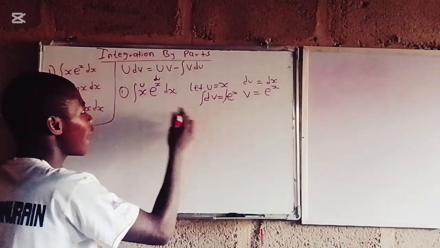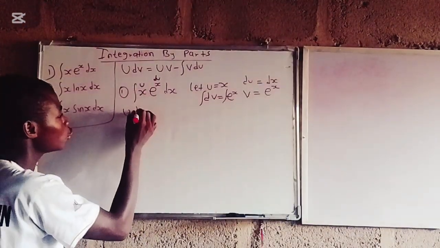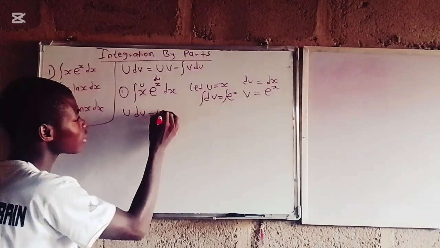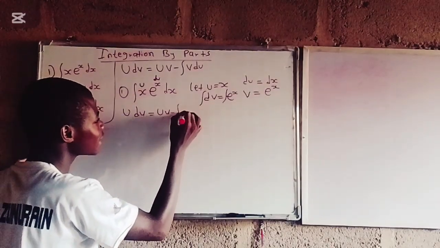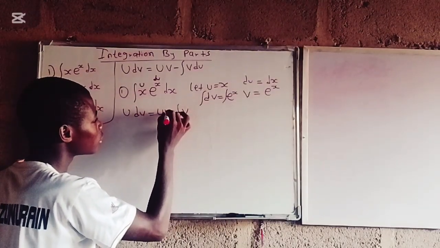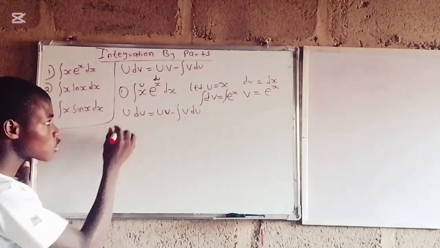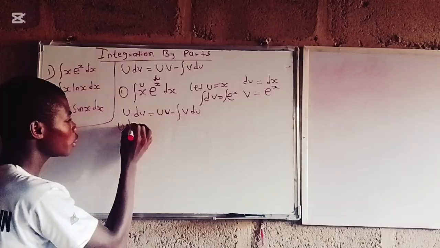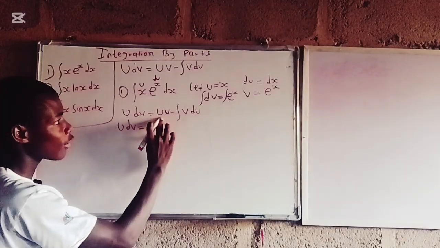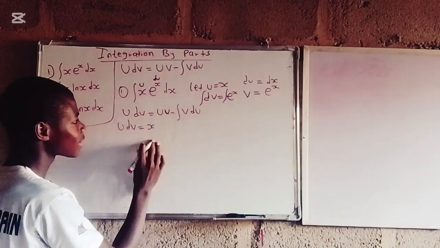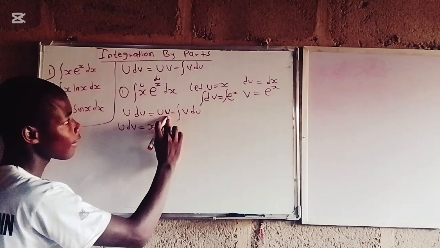So I have to use the formula that says integral of u dv equals uv minus integral of v du. What is the value of u, which is x? What is the value of v?